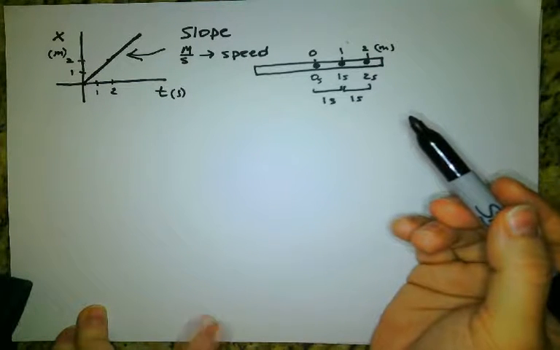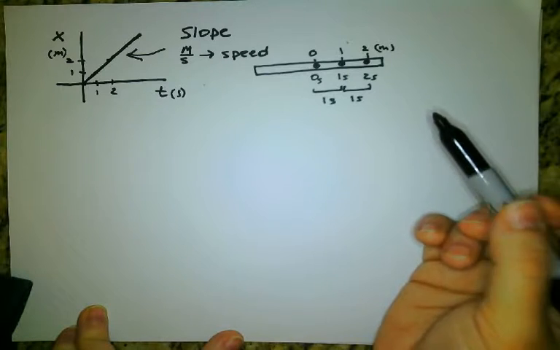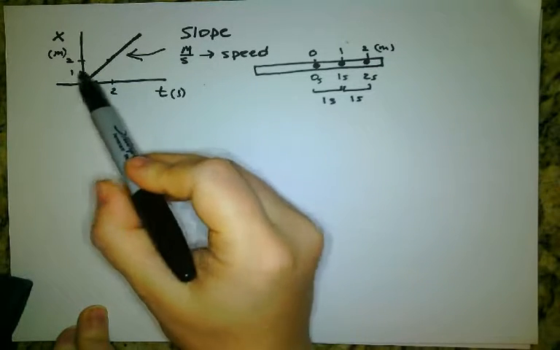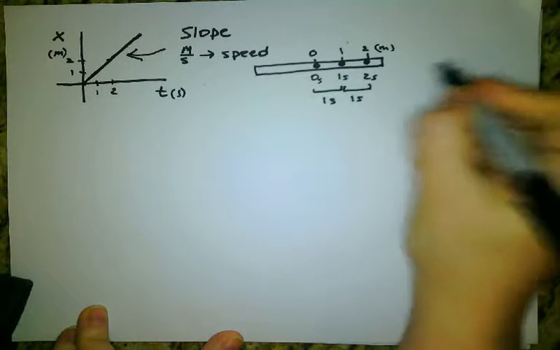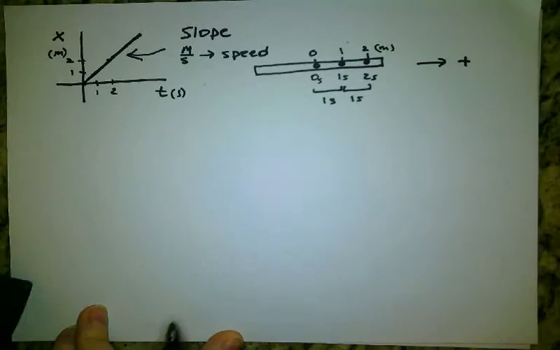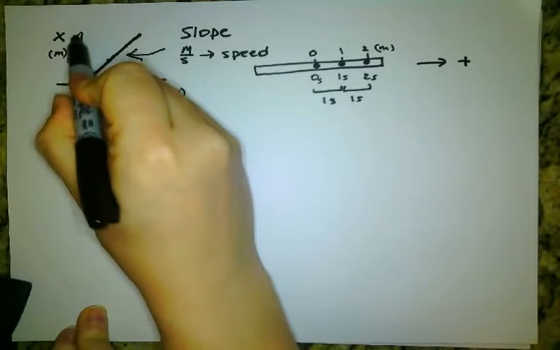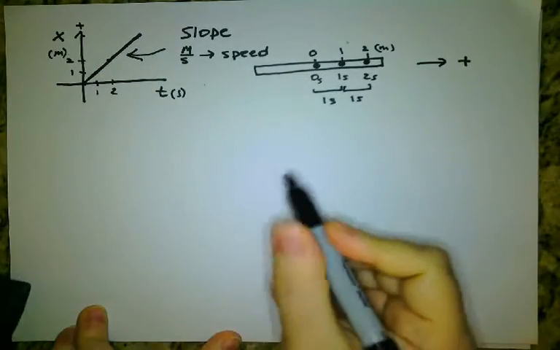So the slope on a position time graph means speed, and it's also telling you the direction in which you're going. In this case, your position numbers are getting bigger to the right. Let's say this direction is positive. So it's telling you you're moving in the positive direction.